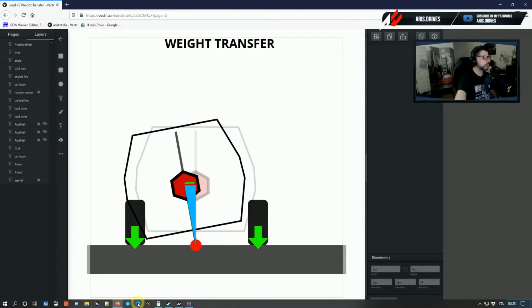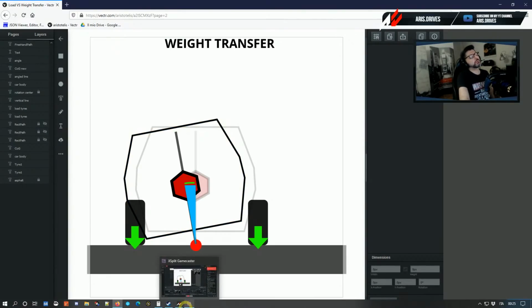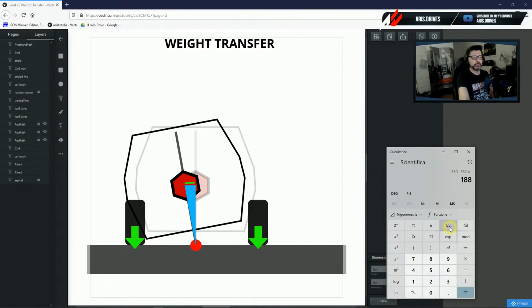So we need to know the amount of roll. Usually on those cars you are at 2 to 3 degrees, not much more. So let's take 2 degrees and find out the tan.